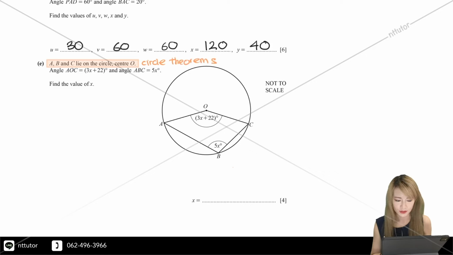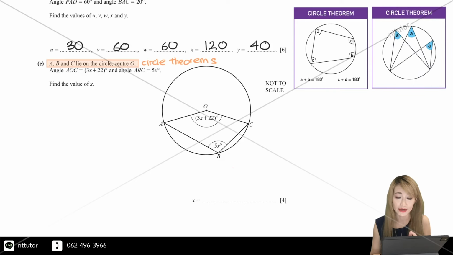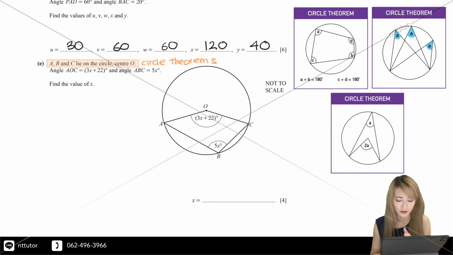So these are some circle theorems. Because the question doesn't mention any tangents or diameters, I pulled the circle theorems that don't involve tangents and the diameter. If I try to apply these, angles coming from the same segment don't apply to this one, because if I could apply it, I could apply it to an angle like this, and that would be 5x.